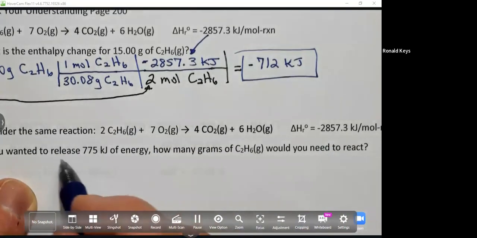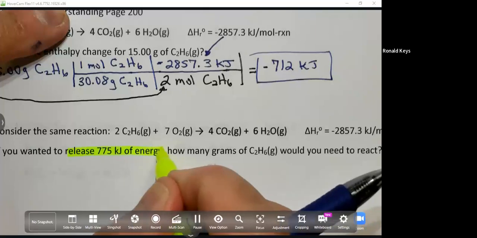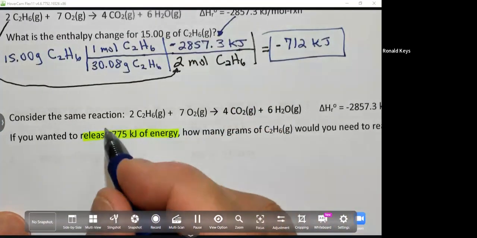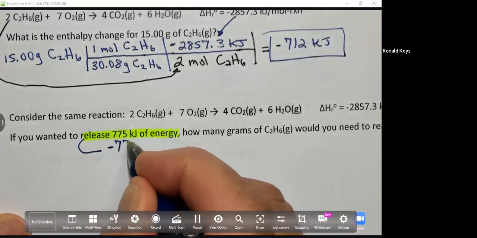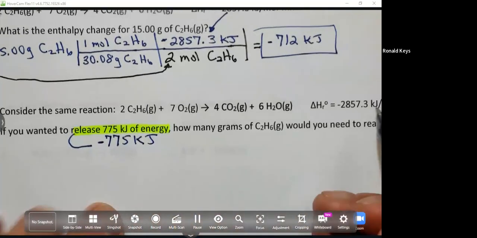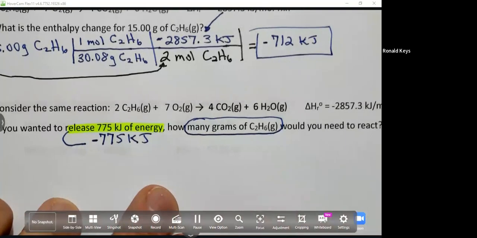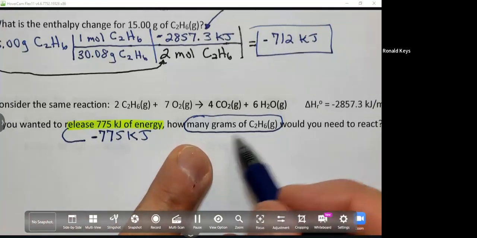This time, if you wanted to release this much energy, want to release, the key word is making that negative then. We're looking for grams. No formula here. Let's see. We need grams. If we can get the moles, we can get the grams, right?